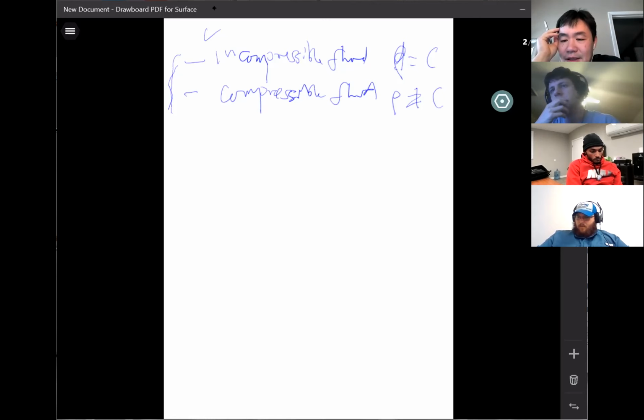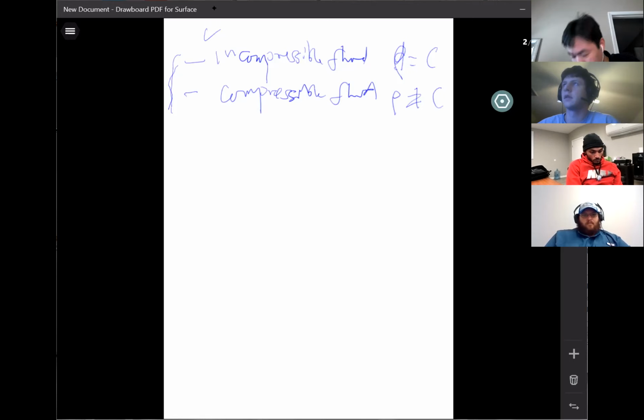Then it can still be classified as incompressible fluid, although it's air or gas. That makes sense? So we can still deal with the air or gas problem as long as the density doesn't change, as long as it's not under a tremendous amount of pressure.